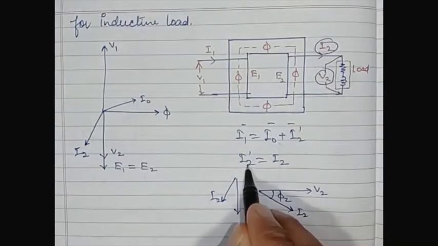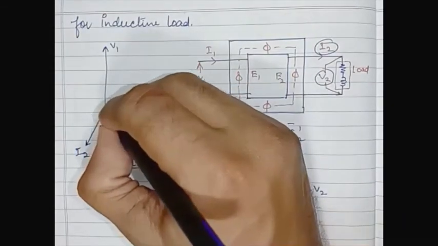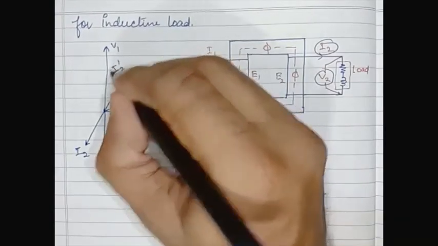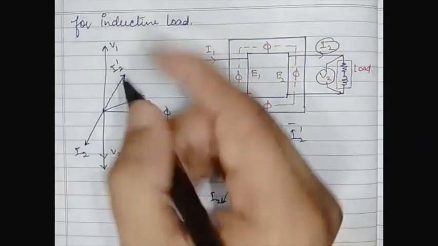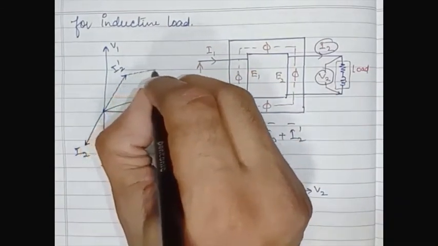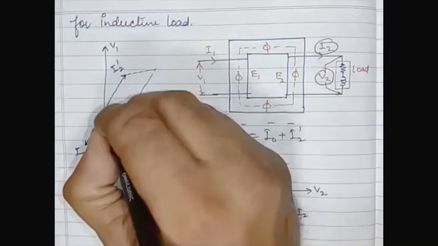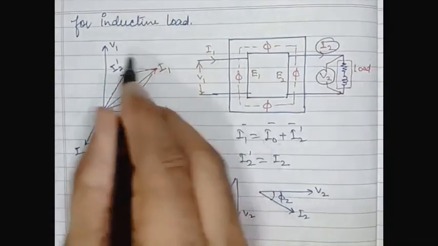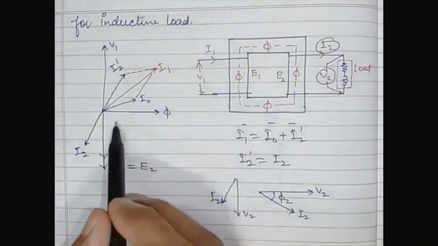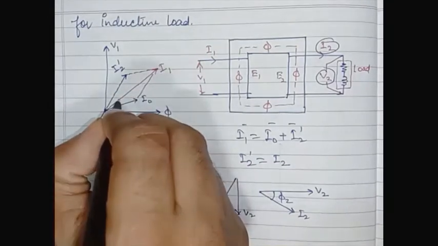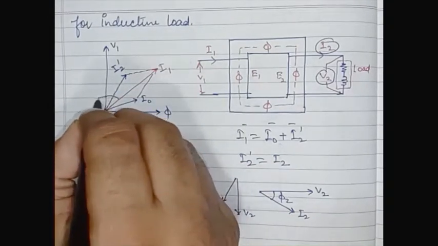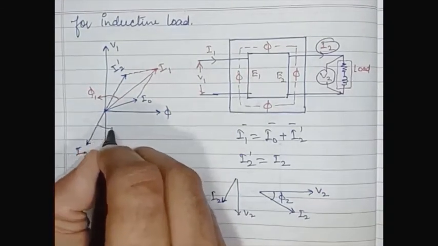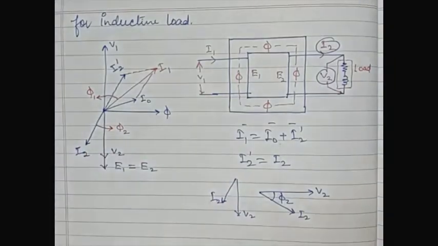I2 is equal to I2 dash, but they are in opposite directions, so this is I2 dash. Drawing a parallelogram, the resultant is I1. The upper part is the primary phasor and this is the secondary phasor. From I1 to V1 is phi 1, the power factor angle for the primary side, and this is phi 2, the power factor angle at the secondary side.